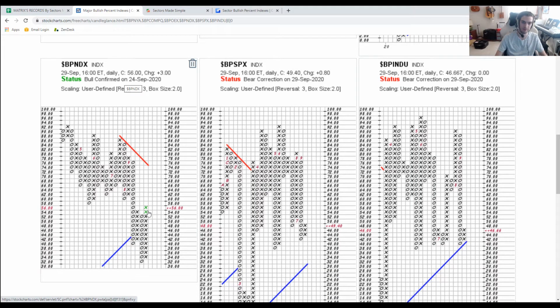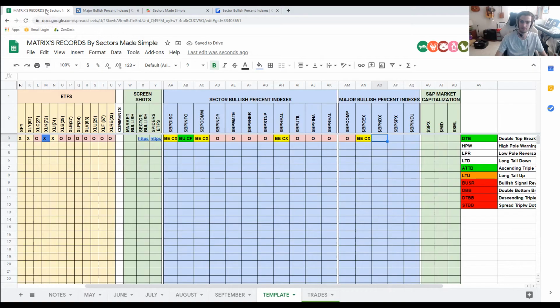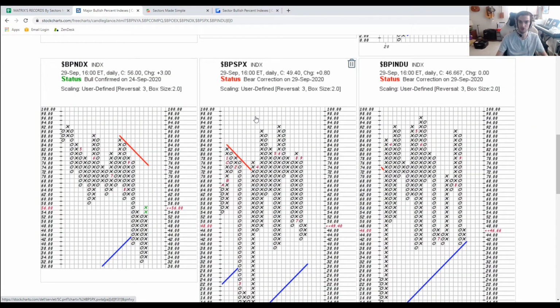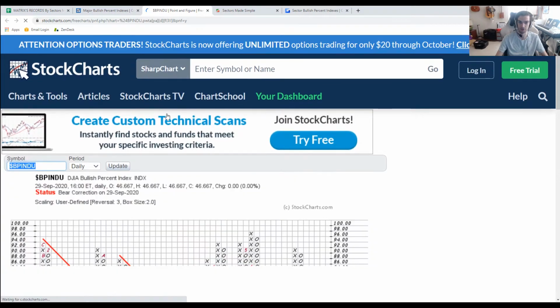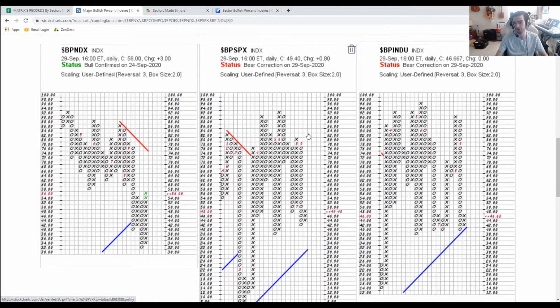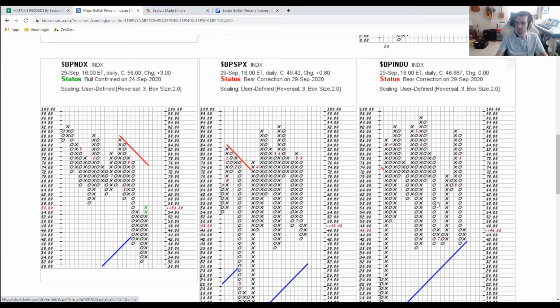So we have a column of X's. SPX, which is our S&P 500, column of X's, with a bear correction today. So we'll grab that. And then INDU, which is the Dow Jones Industrial Average. So that is a bear correction today.